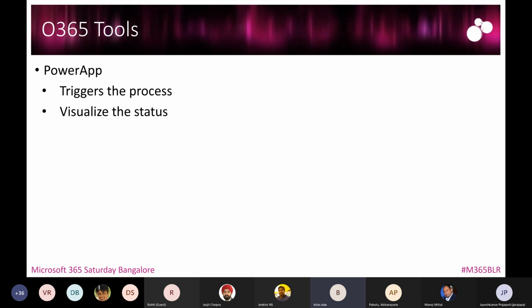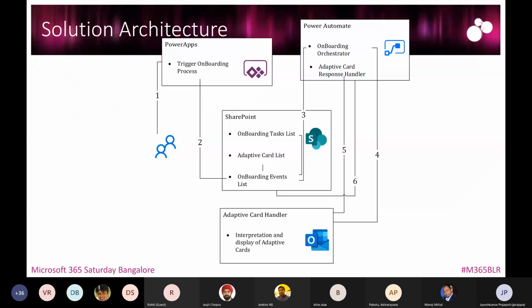So, if we gather everything that we have said in the past 20 minutes, 25 minutes, I think we can come up with a solution architecture. So we are here. We are the person who wants to trigger the onboarding process, so we use a PowerApp in order to trigger it.